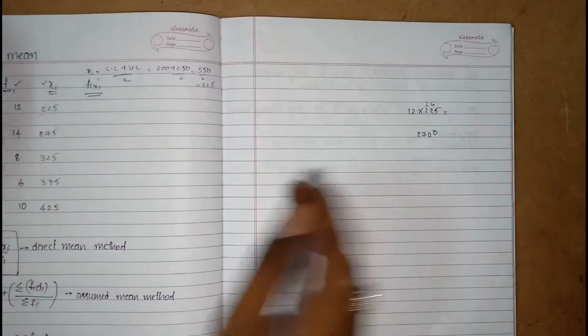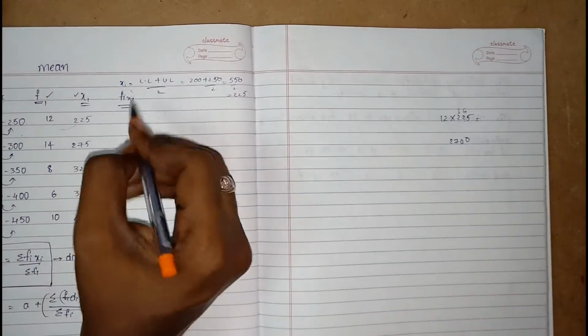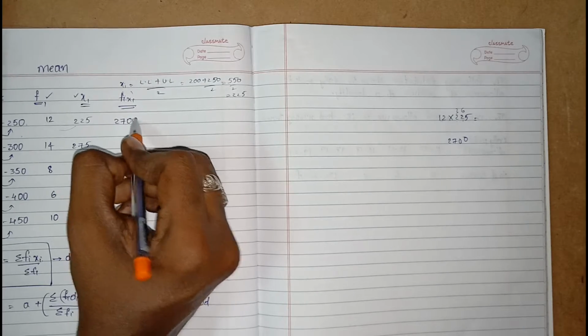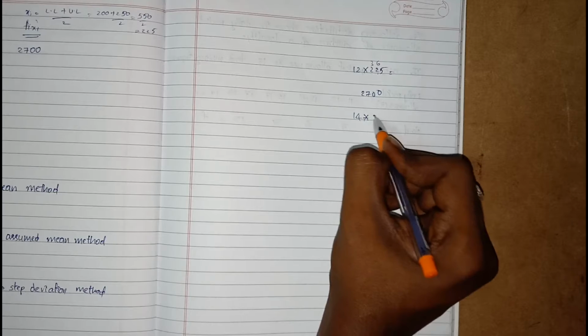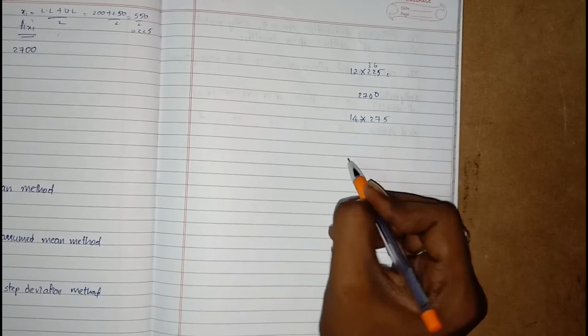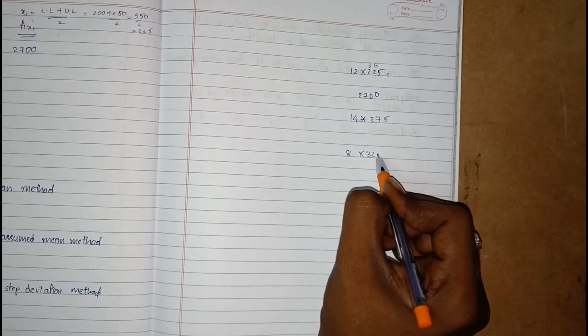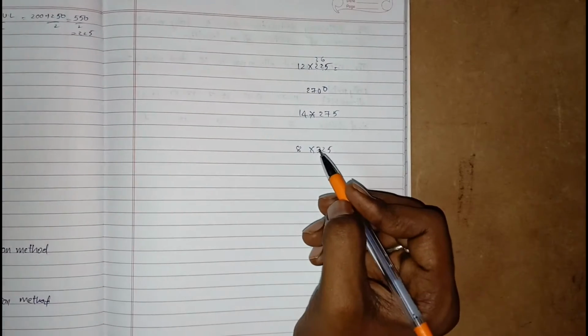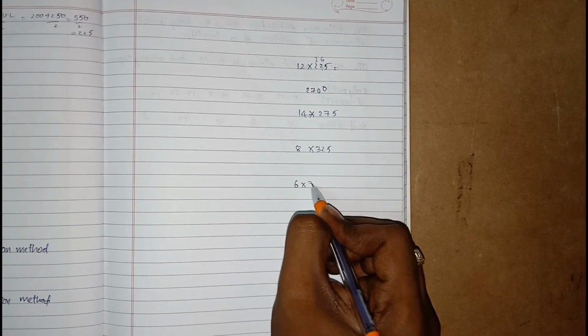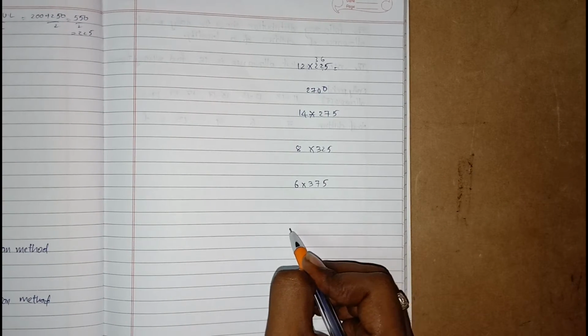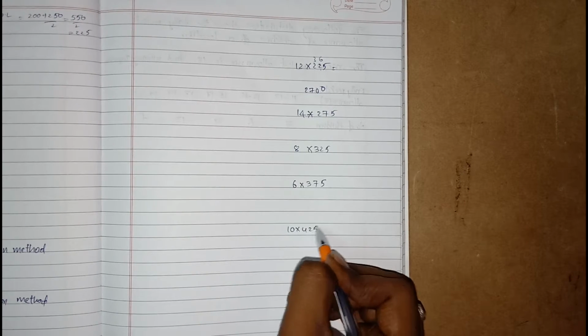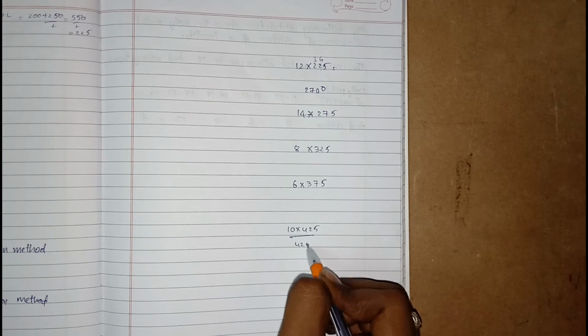Okay, so that is 2700. And 14 into 275, 8 into 325, 6 into 375, and 10 into 425. 10 into 425 is 4250.